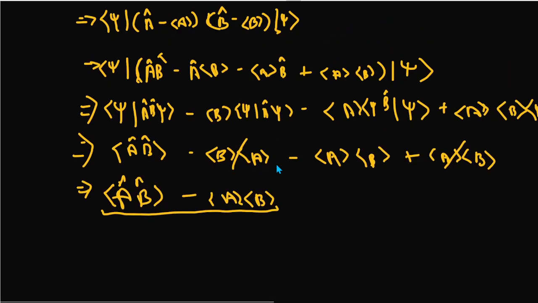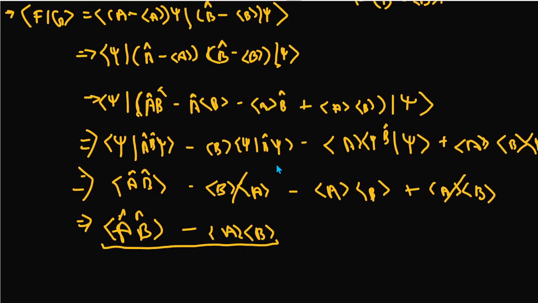So this is for F and G. Now we are going to do the same calculation for G and F. If you do this for G and F, it looks like the same thing.